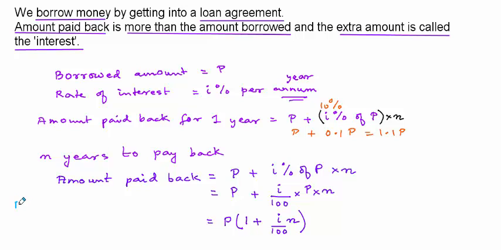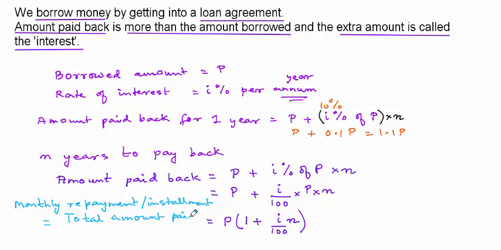So the monthly repayment or the monthly installment is equal to the total amount that you pay back, total amount paid, that's the amount borrowed plus the interest, divided by the number of months. Let's see an example or two at work.